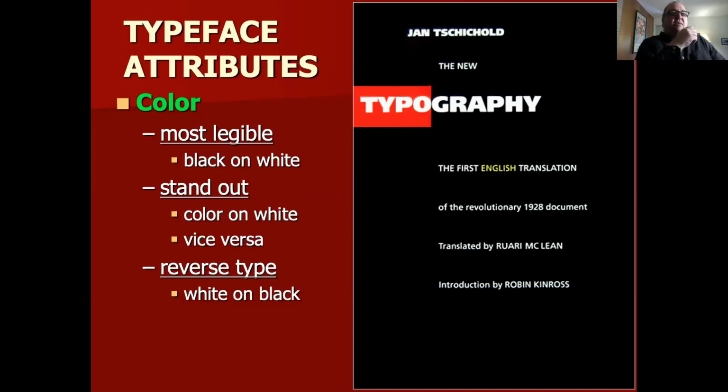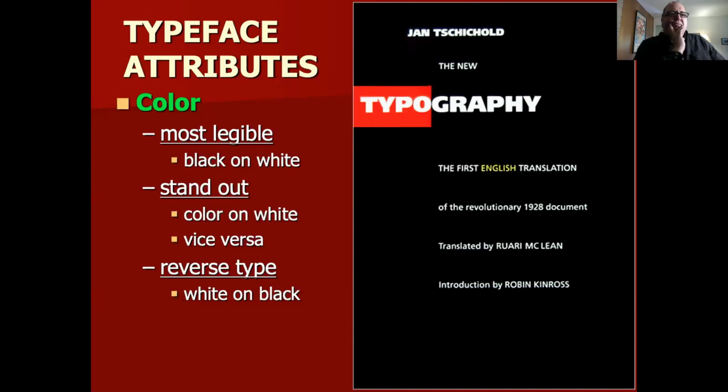Yellow on black is not really reverse type, but generally, if you talk to designers, they'll talk about the lighter color being reversed out of a darker color. It's two colors, so it's not technically a reverse because you're not seeing the paper color.